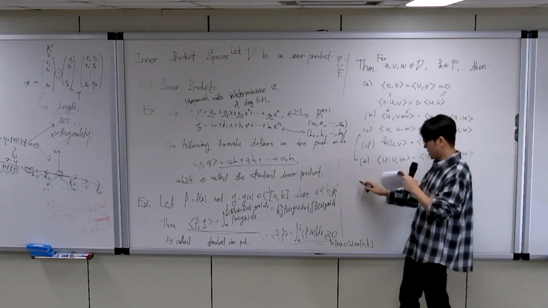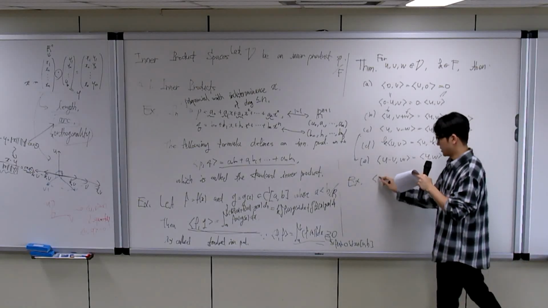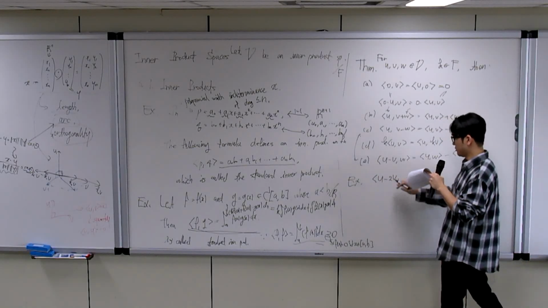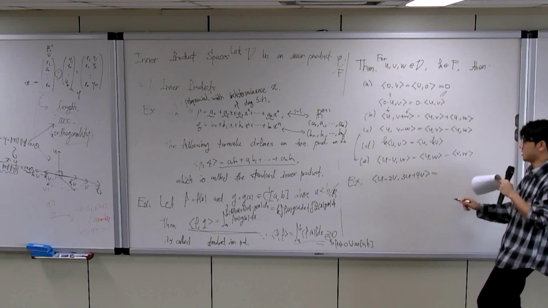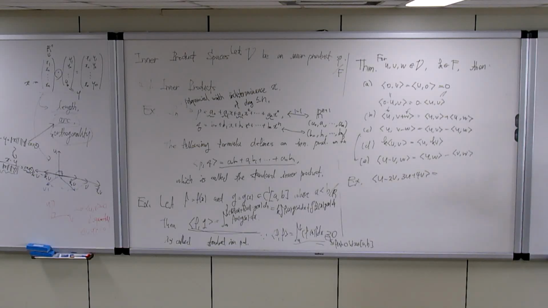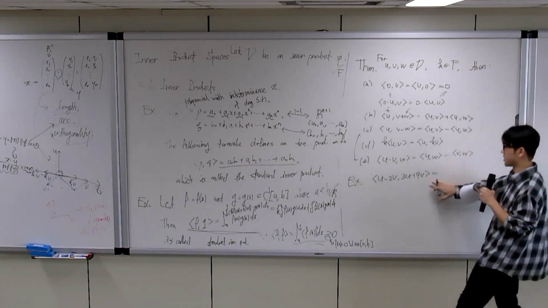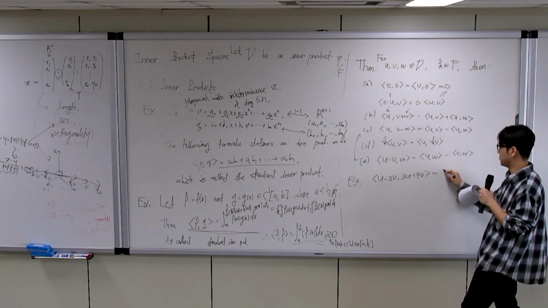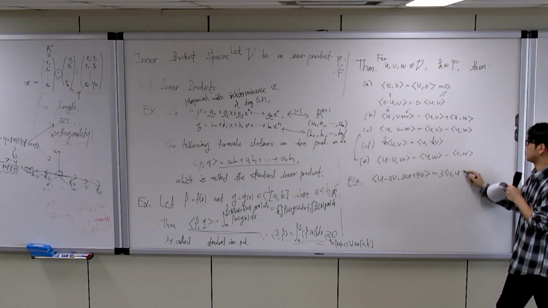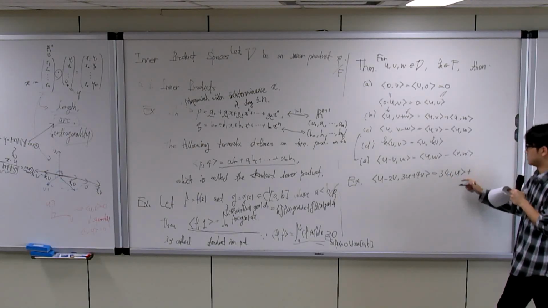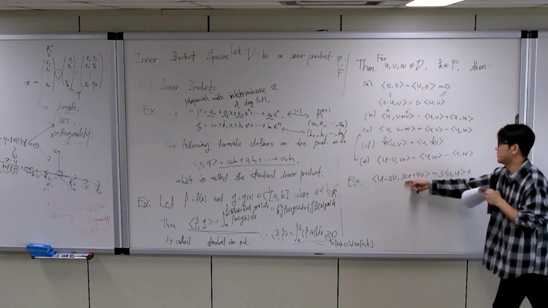So finally, I will calculate the inner product (u minus 2v, 3u plus 4v). If you calculate it using these properties or the definition of inner products, it can be written as (u, 3u), which gives 3 (u,u), and (u, 4v) plus (minus 2v, 3u).